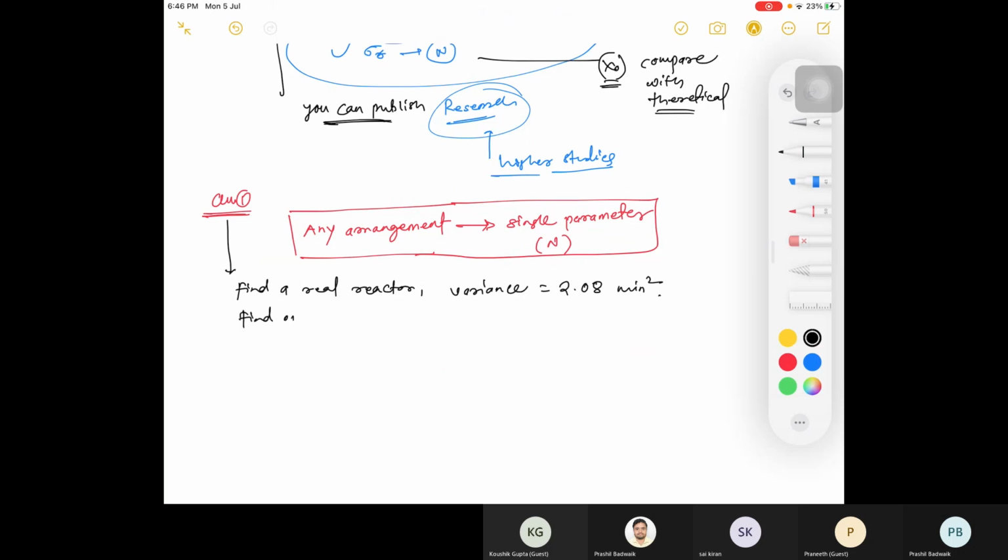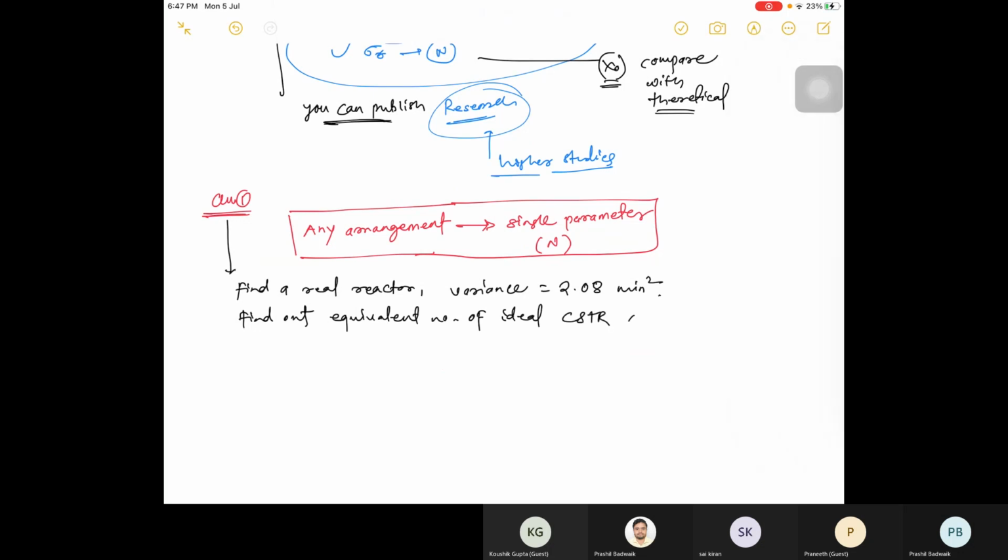Find out the equivalent number of ideal CSTRs connected in series, if the total space time for the arrangement is given as 7.5 minutes.